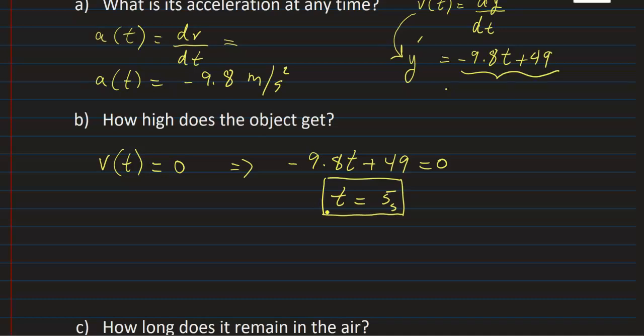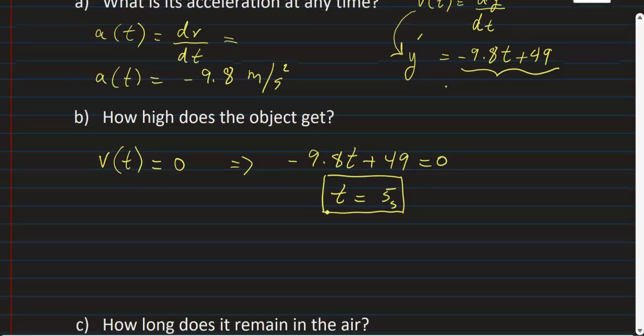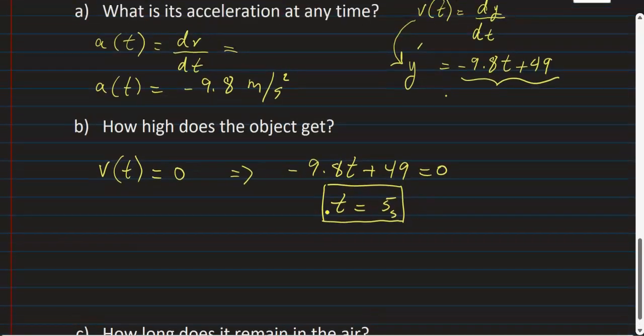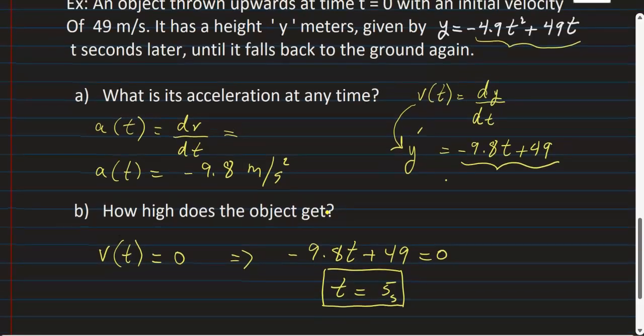Very good. So now we know the time is 5 seconds that it's been moving upward, and we want to know how high. That means we go back and plug the value of t into the original y function, the distance function, up here.